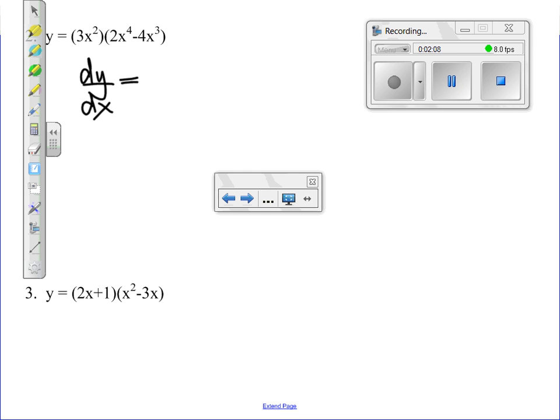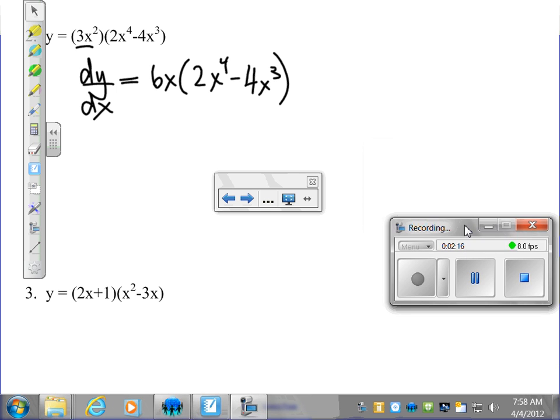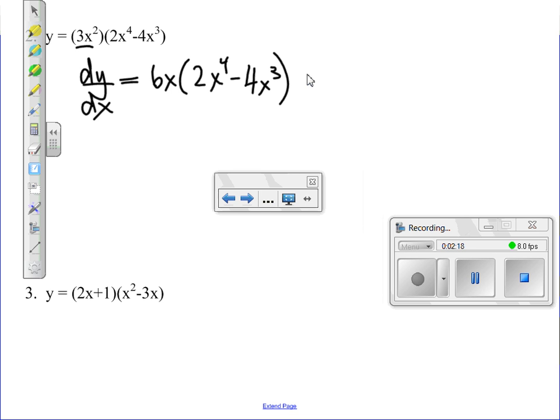So I take the derivative of the first factor, which would be 6x. Leave the second the same. Plus the derivative of the second factor, which would be 4 times 2 is 8x cubed minus 12x squared, times the first, which remains the same.